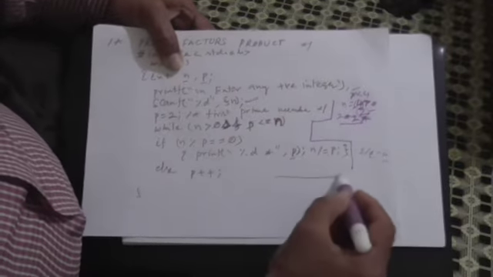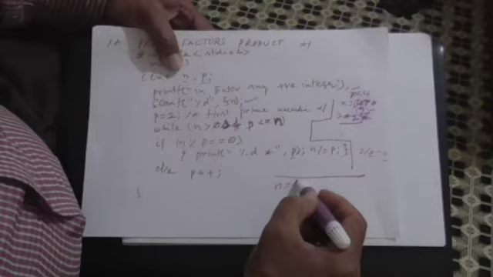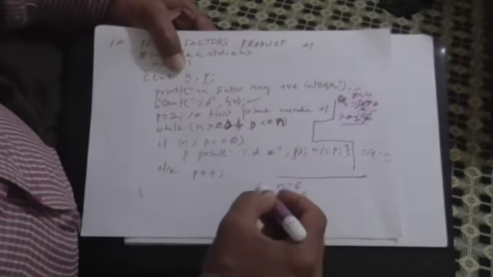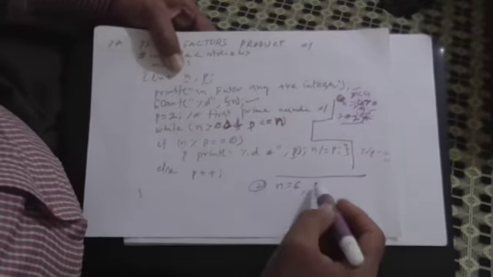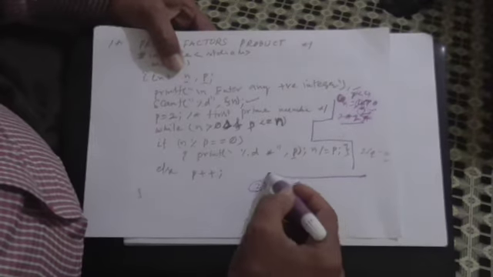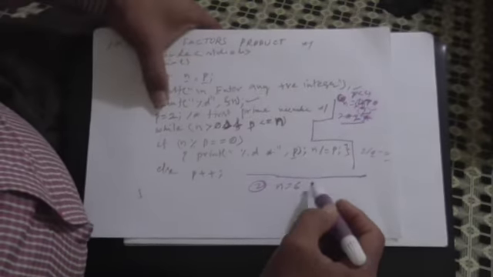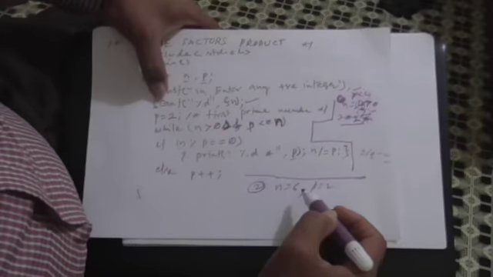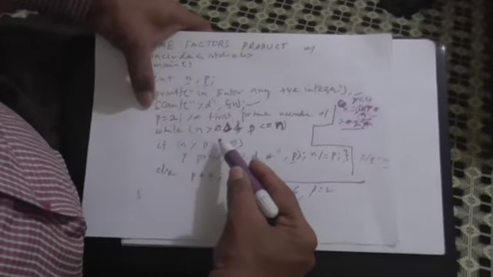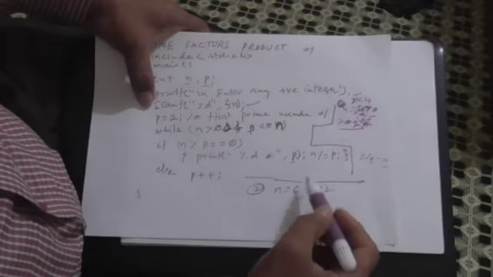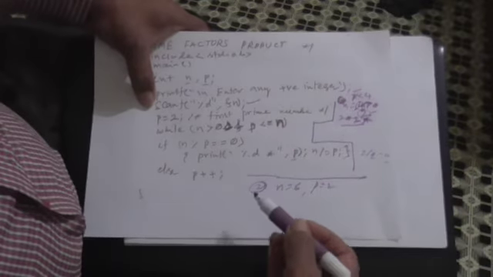For example, if you take the value n to be 6, this is the second example. And again the value of p is 2 here. Now I check the condition, while n greater than 0, this is greater than 0, and p is less than or equal to n, 2 is less than or equal to 6.